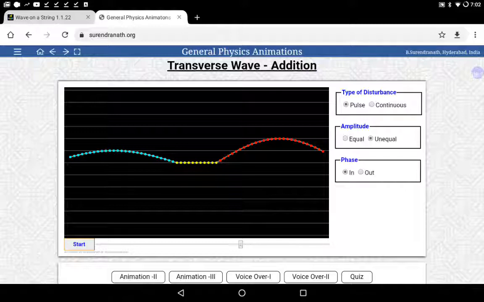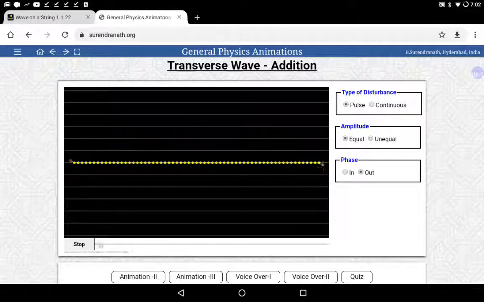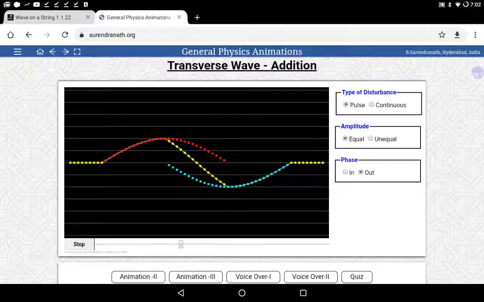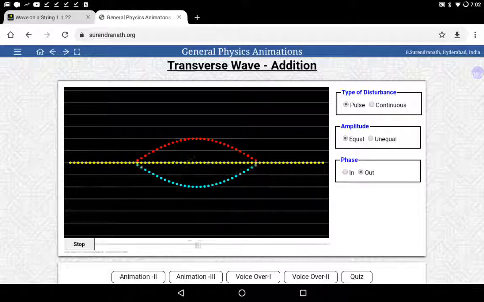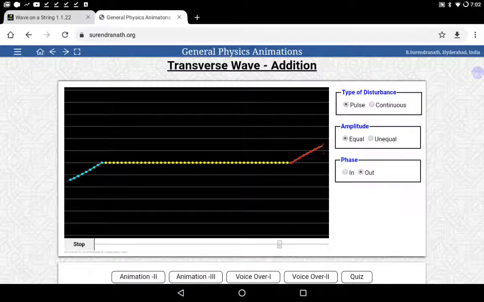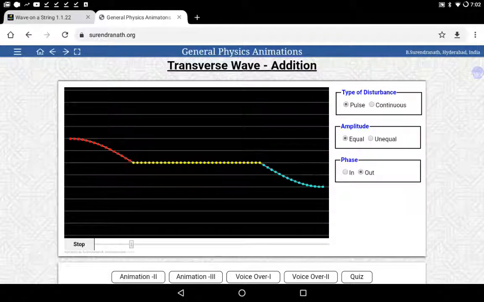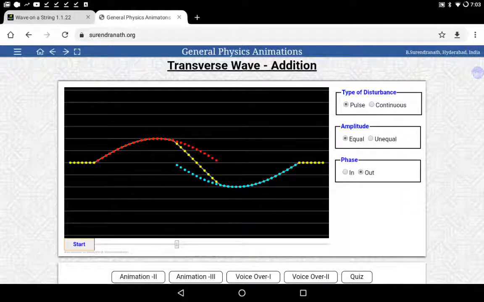Let's look at that application just to see what that'll look like again. So here I can change the phase to out of phase. We're going to go back to equal amplitude. So notice the red just continues on to the right after interference. Blue continues on to the left after interference. But what happens is, again, this yellow is the resulting wave from the combination of the two interfering waves.